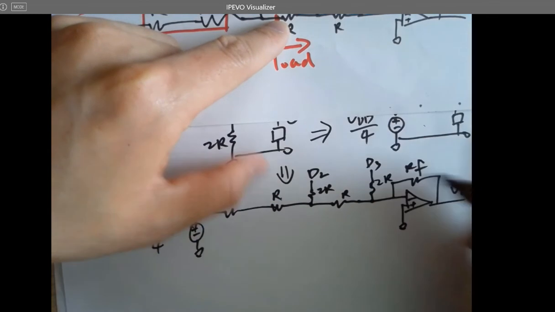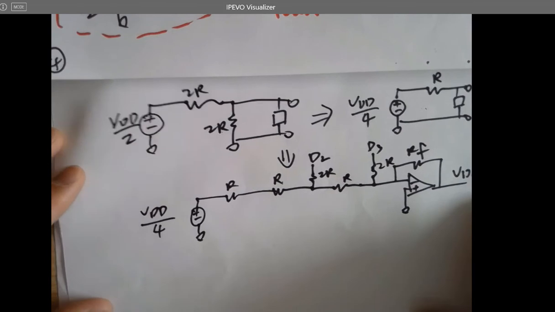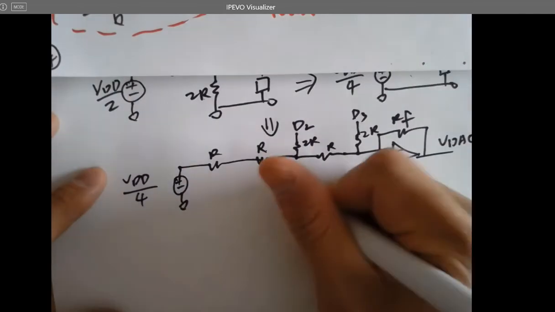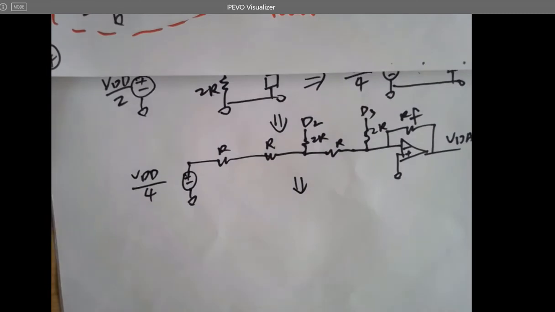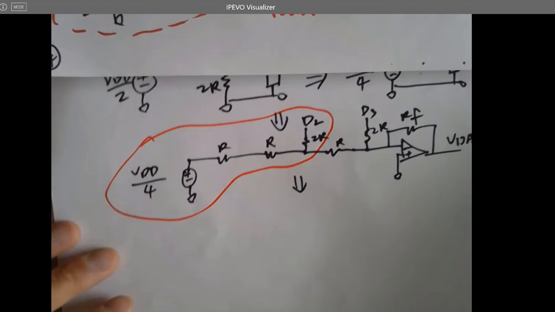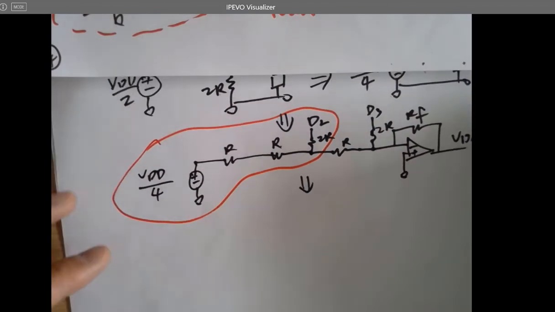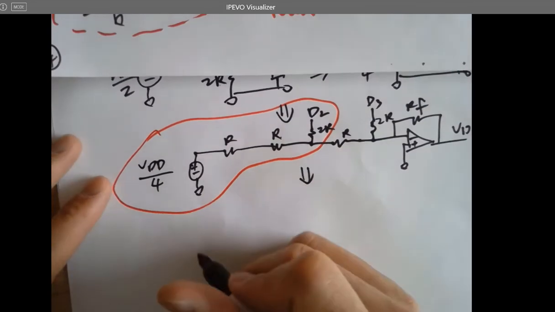Still 2R. And keep doing that. So this entire thing here can be converted into something like what? V over 8.